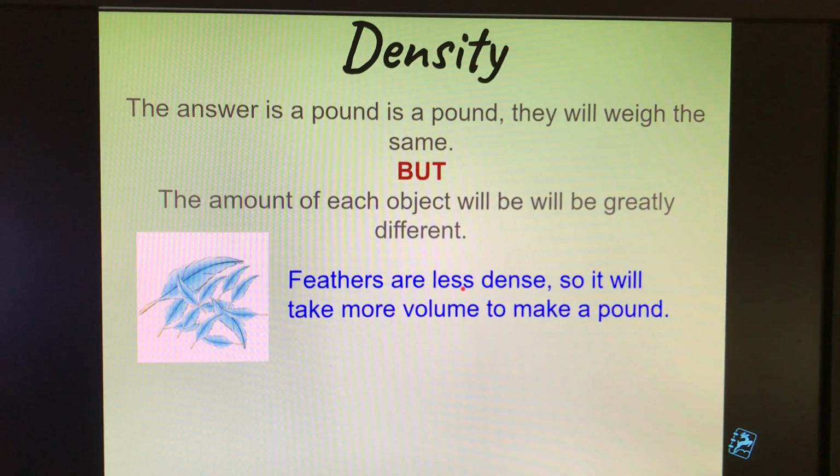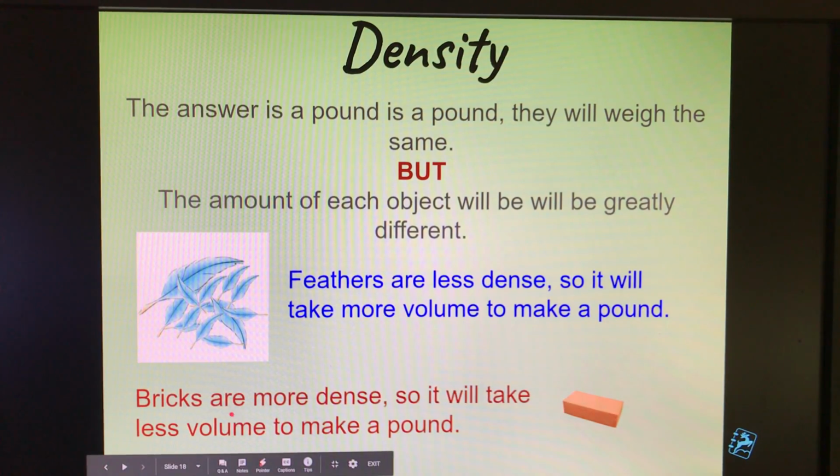Feathers are less dense. They don't have as many molecules or atoms in the same volume. So it will take more volume to make a pound. You're going to have a great big huge stack of feathers for that part of the joke. Bricks are more dense, so it will take less volume to make a pound.